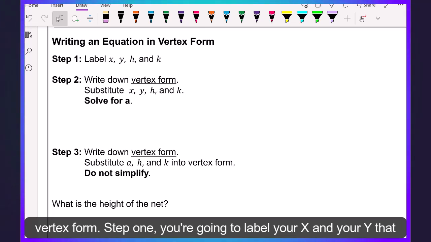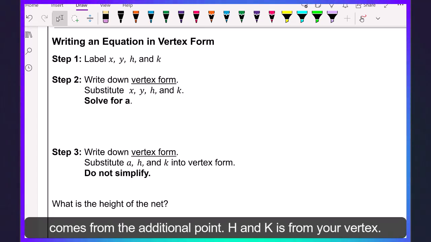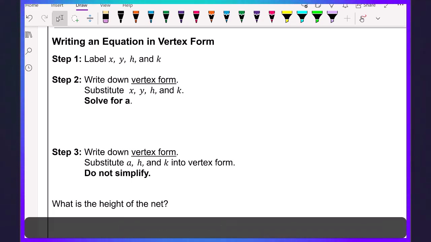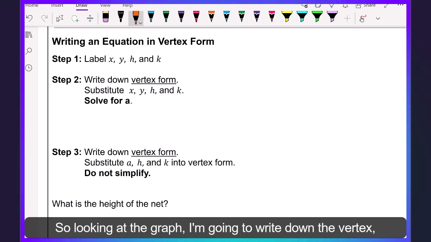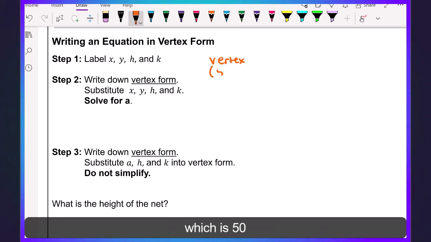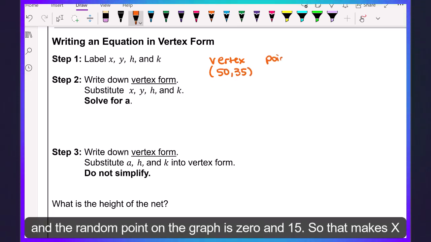So this is how you write an equation in vertex form. Step 1, you're going to label your x and your y that comes from the additional point. H and K is from your vertex. So looking at the graph, I'm going to write down the vertex, which is 50 and 35. And the random point on the graph is 0 and 15.